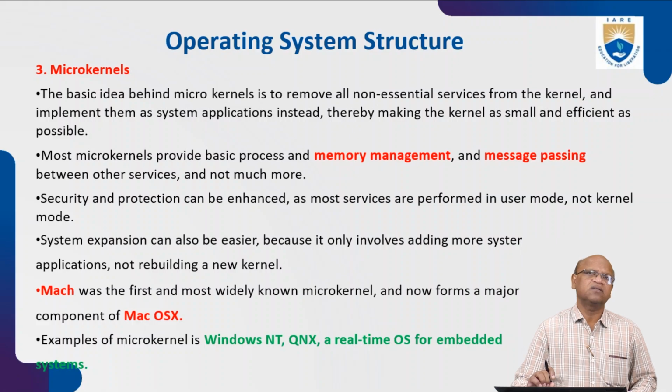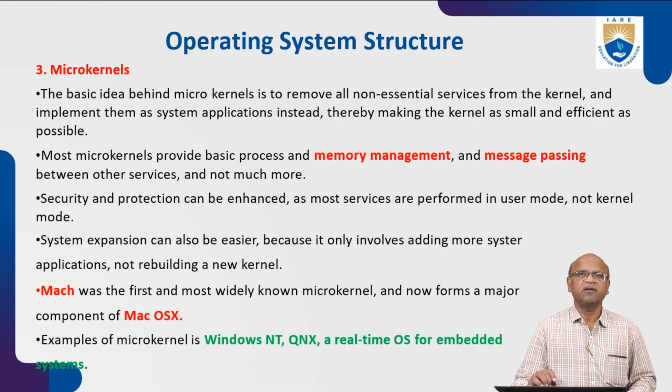What is a microkernel? This is another structure. The basic idea behind the microkernel is to remove all non-essential services from the kernel and implement them as system applications instead, thereby making the kernel as small and efficient as possible. Mach came from the microkernel. The microkernel provides basic processes, that is memory management and message passing between the services, and not much more.